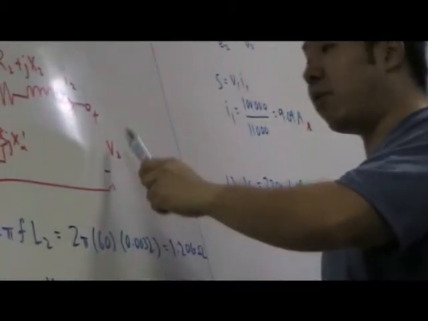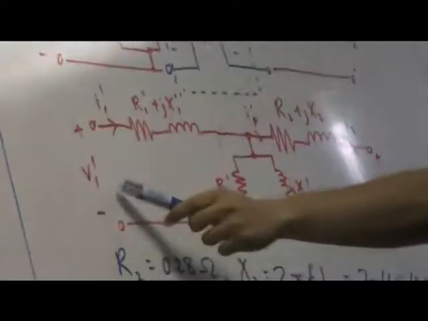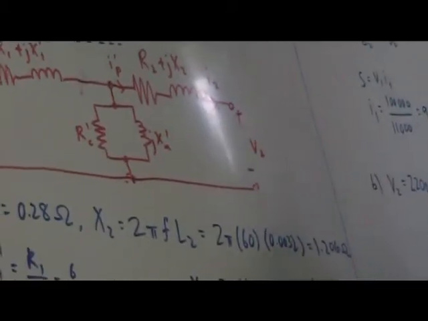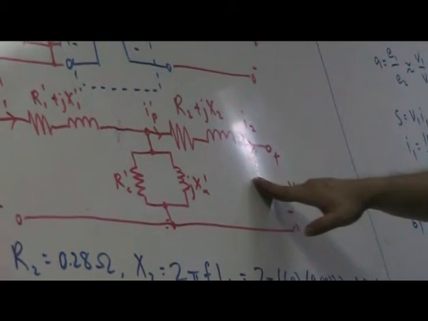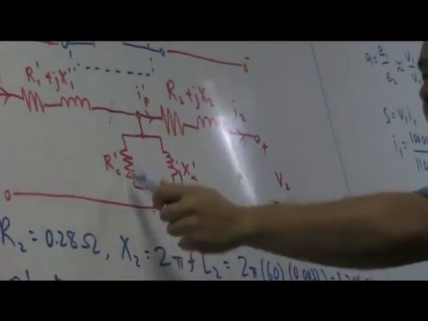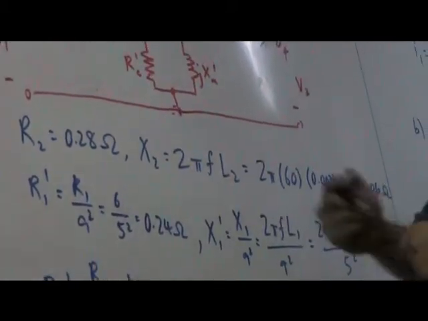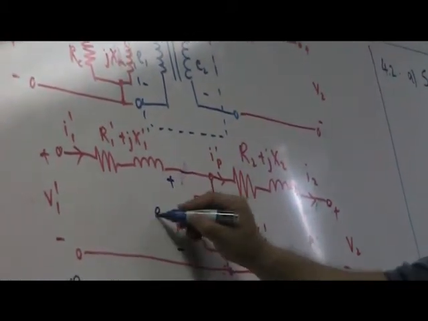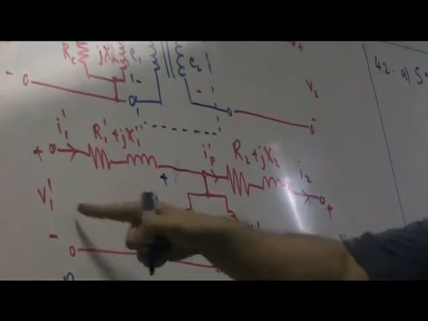V1 prime, I1 prime. Given V2 and given the power, we can find I2. So we need to find V1 prime. Now this is just AC circuit analysis. There are a few ways to do it. The approach that I would take is, I'll find this intermediate voltage first, called E1 prime. Then from E1 prime I'll find V1 prime.